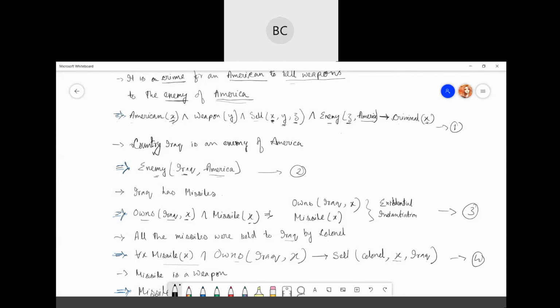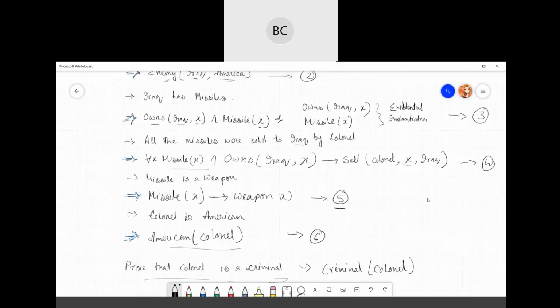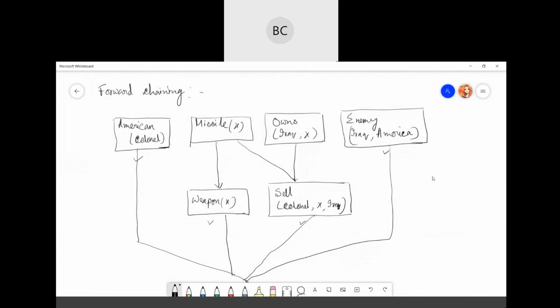X we found only in case of American, correct? And the sells part in the X part. So Y, Z were variables. Here Y is the weapon, but when we do forward chaining, the Y part is X here. Just don't get confused with this one. The variable name has changed because it will use the same variable when you come from the initial state.